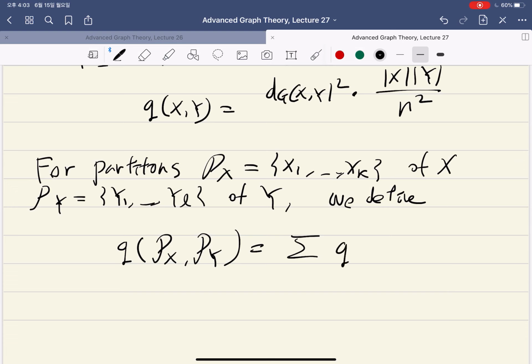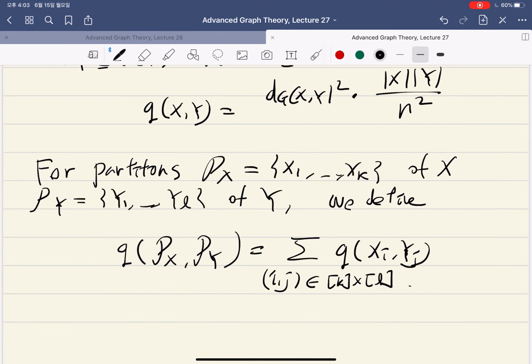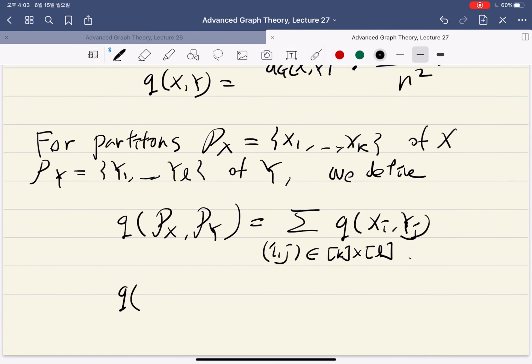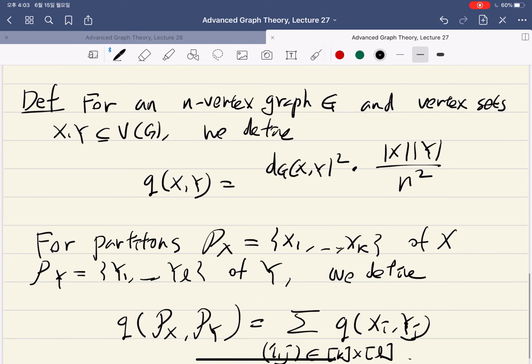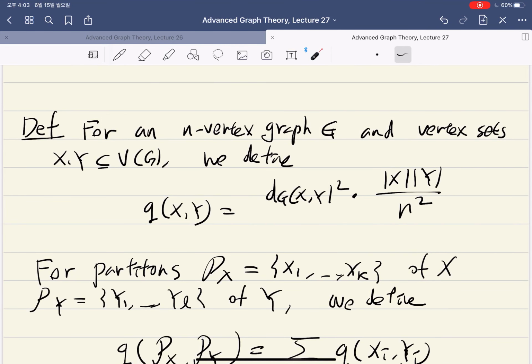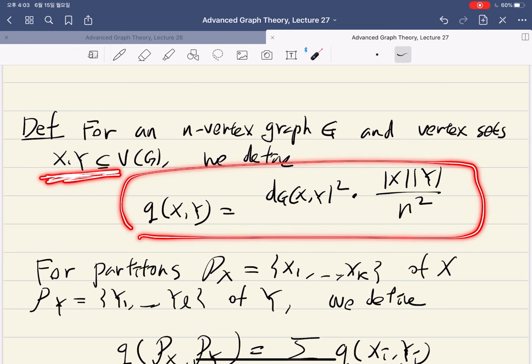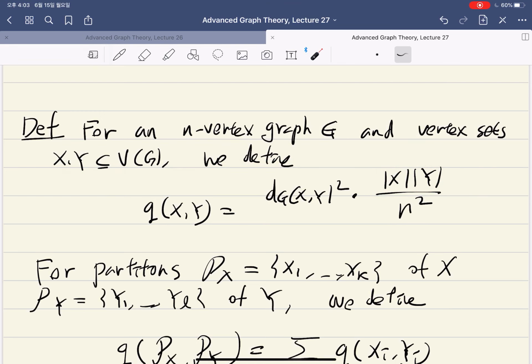You take the energy between xi and yj for all i, j inside of k and l. So this is the energy between these two parts. And then for a given one part, its energy is between the same partition. So note that we never say X and Y are disjoint here. So X and Y could intersect each other.